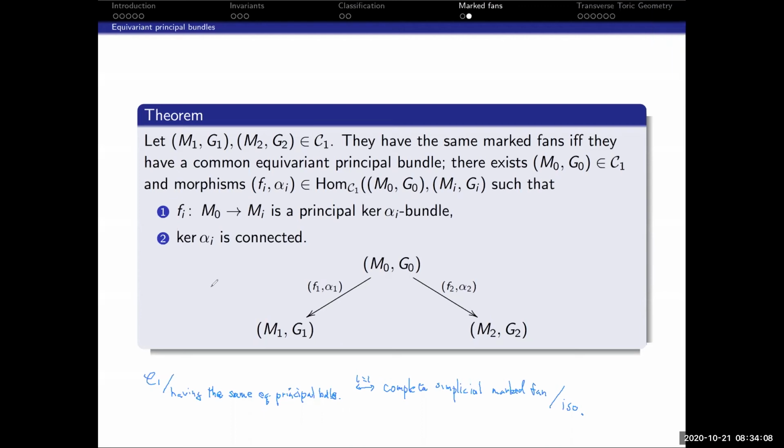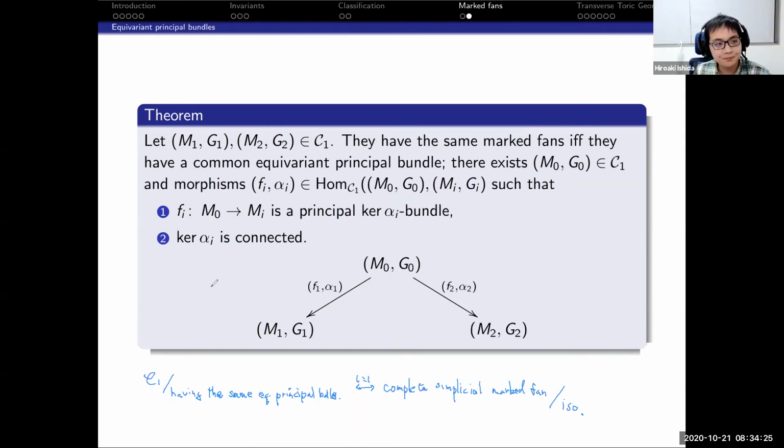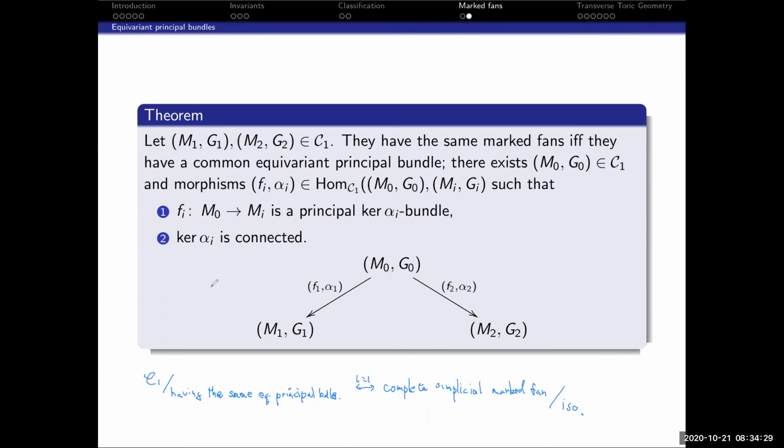This diagram gives you a Morita bibundle, what they call a Hilsum-Skandalis bibundle, that shows that the stack associated to M1 G1 is exactly the same stack associated to M2 G2. So this equivalence relation that you write on the left at the bottom is exactly the equivalence relation to descend to the stack.